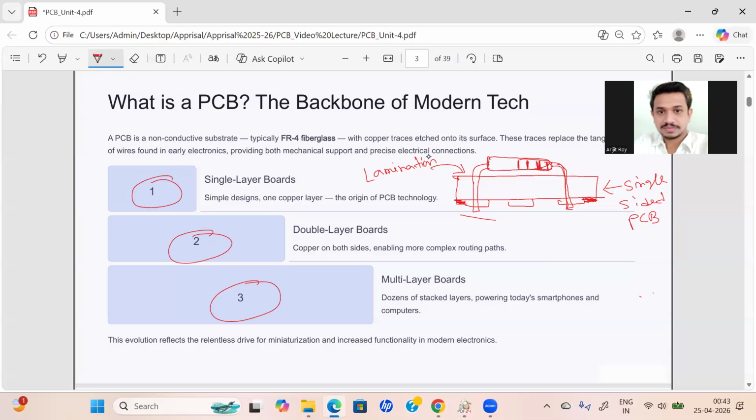This type of PCB has a very simple design, low manufacturing cost, and is easy to produce.